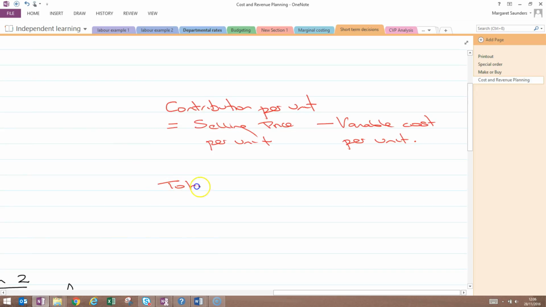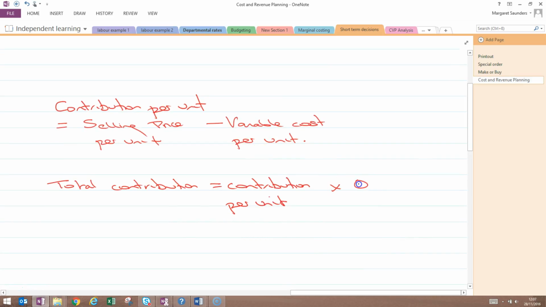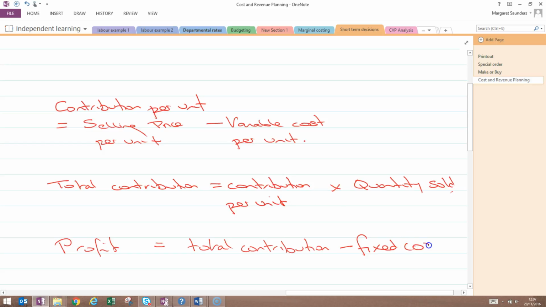Then total contribution is equal to the contribution per unit times the quantity sold. And profit is equal to your total contribution minus fixed costs.